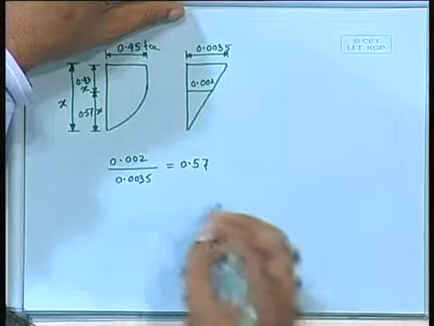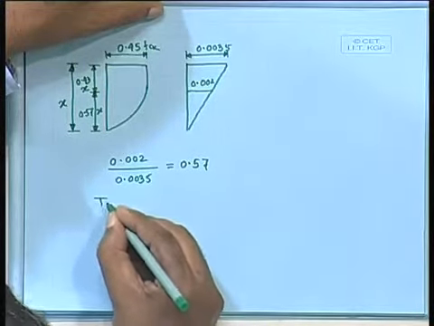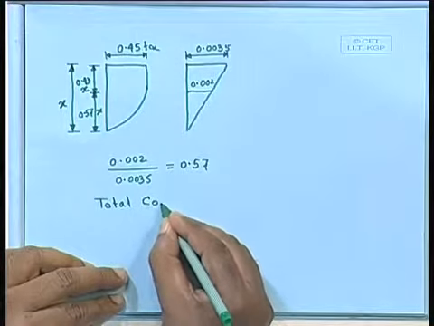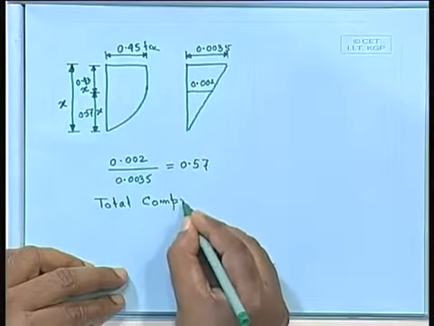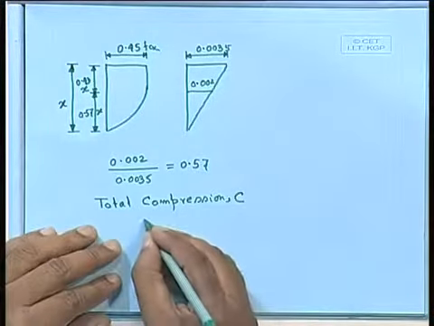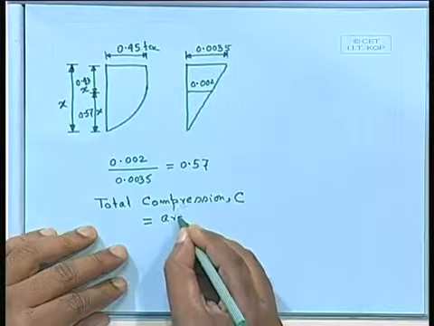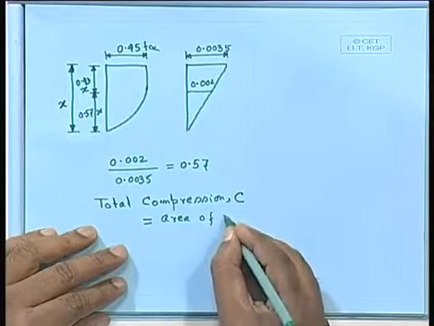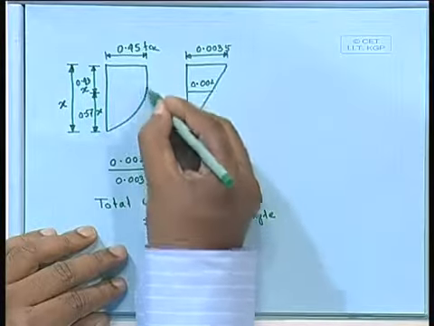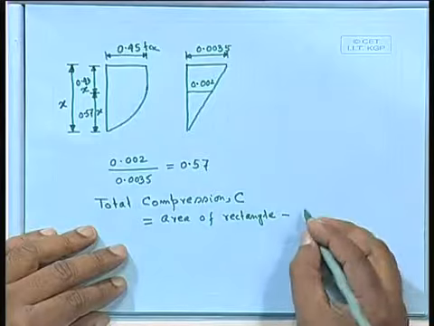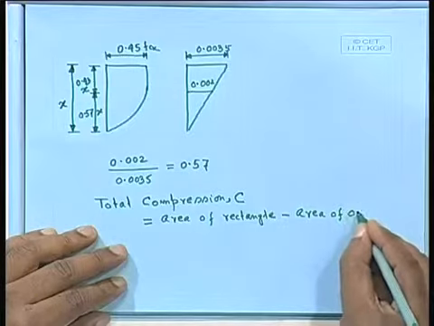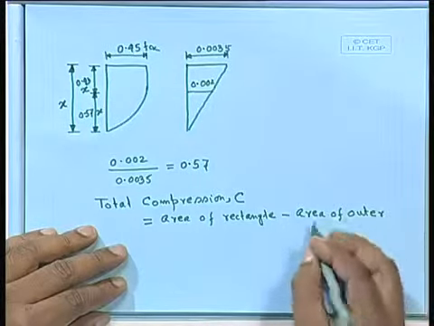We can write the total compression C as the area of the rectangle, the full one, minus the area of the outer parabola.